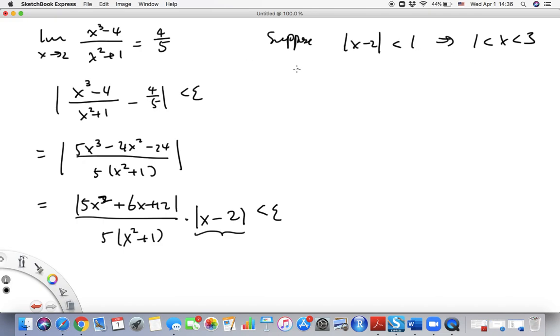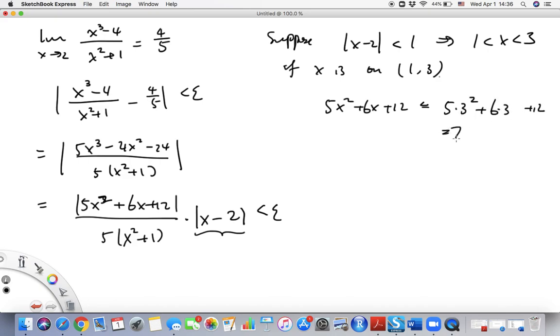If x is on the interval (1, 3), then the numerator would be less than or equal to 5 times 3 squared plus 6 times 3 plus 12, which equals 75. And the denominator would be greater than 5 times 1 plus 1, which equals 10.